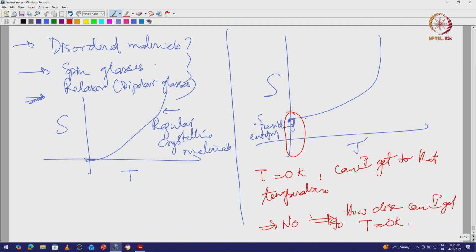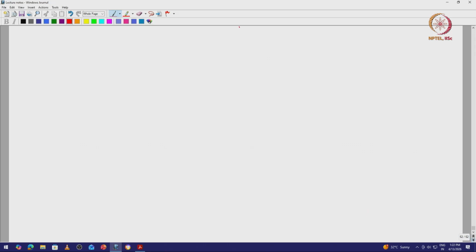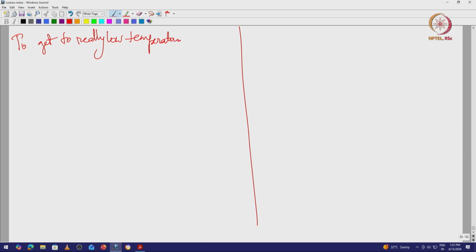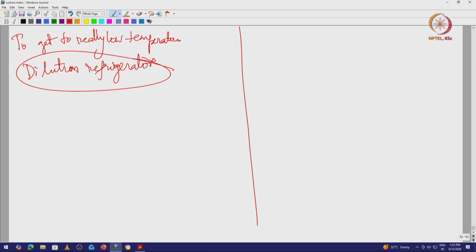Now for day to day experiments, to get to really low temperatures, you use what are called dilution refrigerators. These dilution refrigerators are becoming very popular nowadays because of quantum computing.